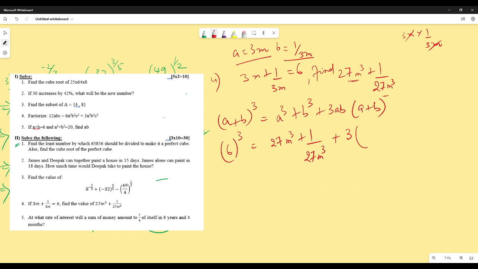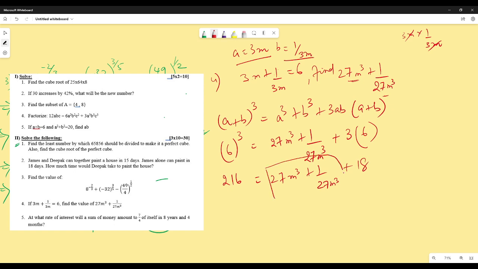And in the brackets what we have is a plus b. We already know the value of a plus b is 6, so we put it over here. Now 6 cube is what? 216. 216 is equal to 27m cube plus 1 by 27m cube plus 18, right? 6 times 3 is 18. We have to find the value of this part.